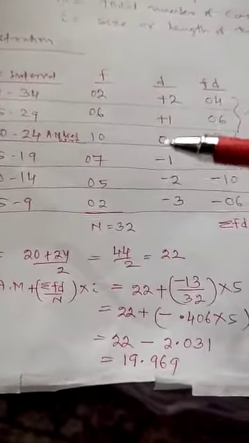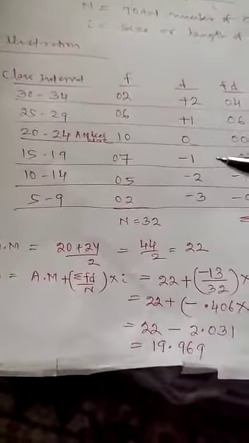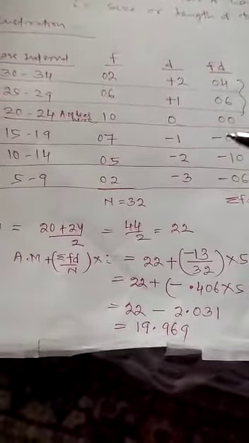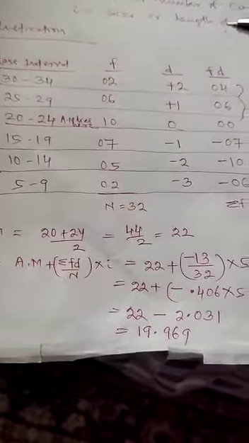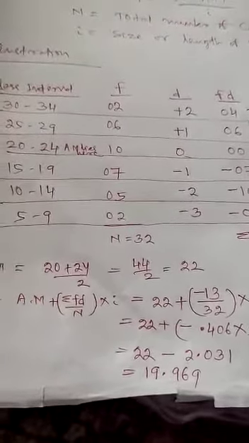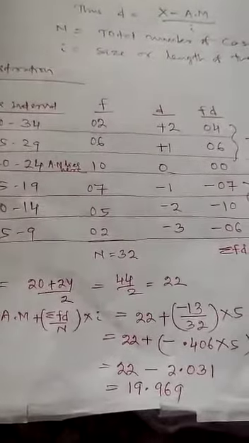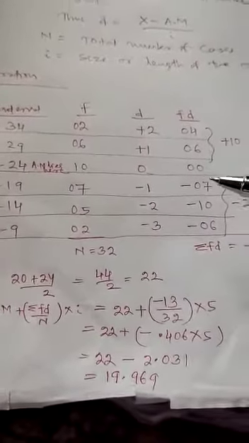Therefore, since the class interval is spread in this way, towards the smaller end we will give minus 1, minus 2, minus 3, just like that, and we will go for plus 1, plus 2, plus 3 if there are more class intervals. Okay, so you have to do like that.